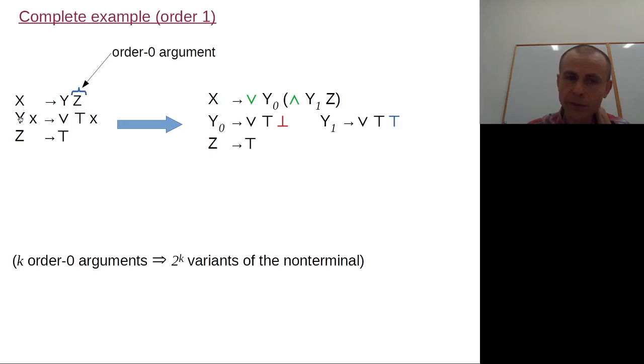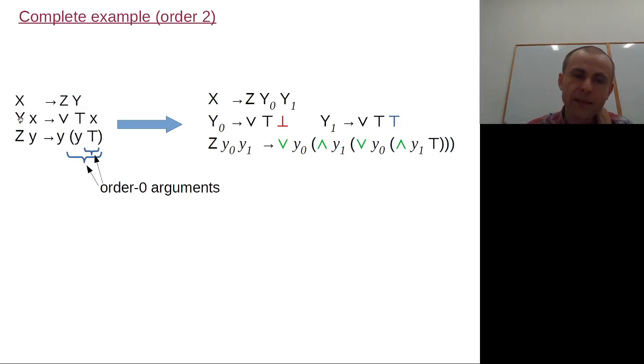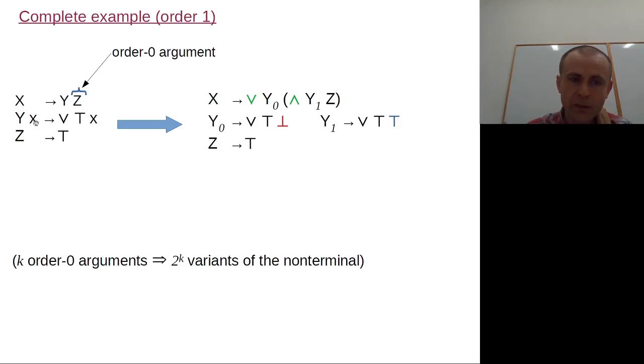So for every non-terminal taking some arguments of order 0, we need two variants: one where we substitute bottom, and the other where we substitute top. In y1 we substitute top for x, and here we substitute bottom. If there are more arguments, we need these two variants for every argument. So in total we need 2 to the power k variants, since for every argument we either substitute top or bottom in any combination.